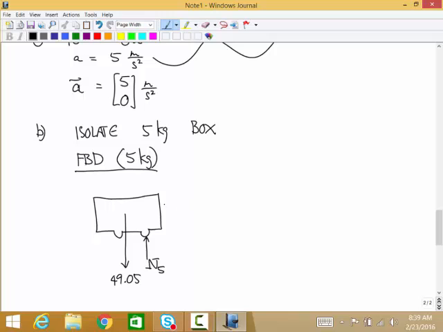Then over here, there's contact with the 3 kilogram box. So we want to represent the force on the 5 by the 3, so it needs some kind of variable. I'll call it R, but if you call it N1 or N2 or whatever, that works fine. And then over here, there's the, what was it, 40.